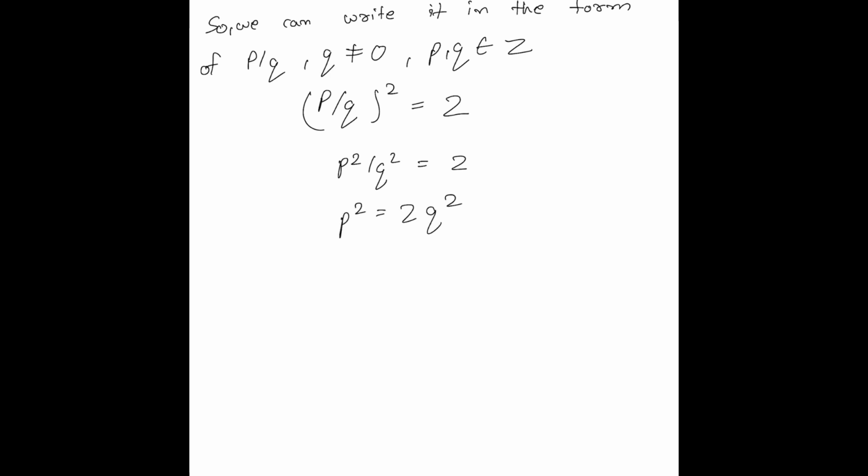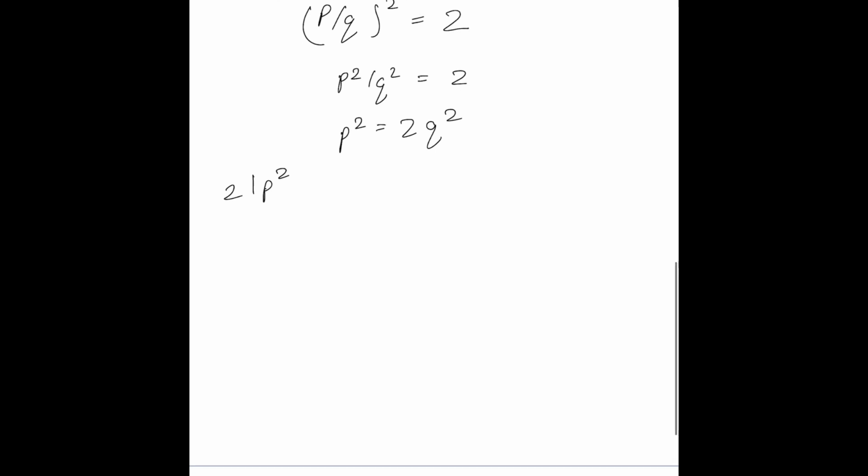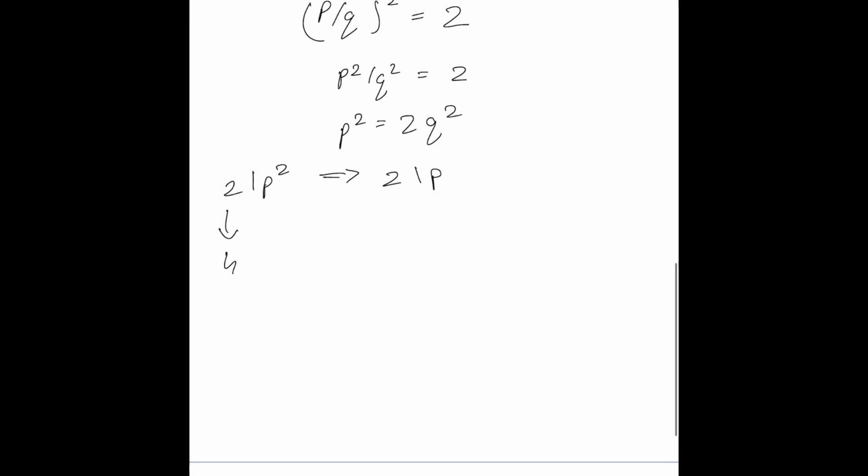This means 2 divides p square, because p square is a multiple of 2. So we can say that 2 can divide p square, and so 2 divides p. If we multiply by 2 on this side, 4 divides p square, because it's a multiple of 2.